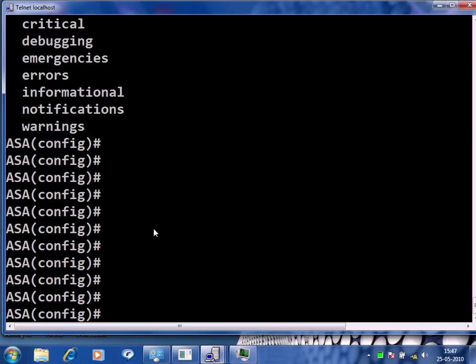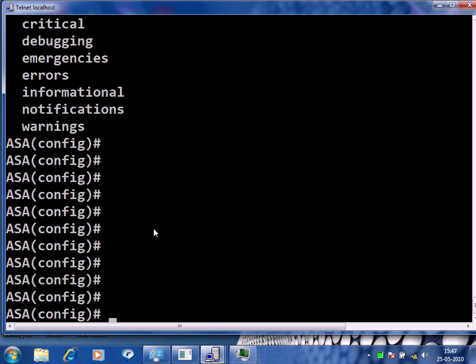So we have enabled logging console 7, right? What we have enabled is that any message, if anything happens on the ASA or if you are generating a log, I want to see those logs on my console. The other way is to back up those logs to the syslog server. We saw how to configure a syslog server in a router.